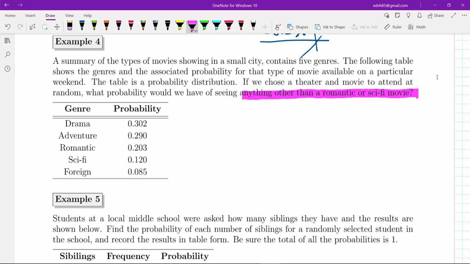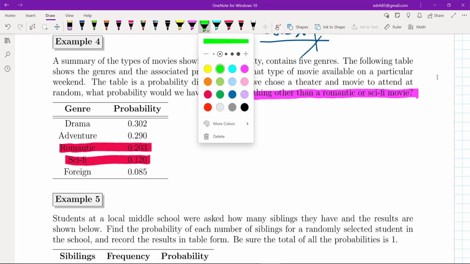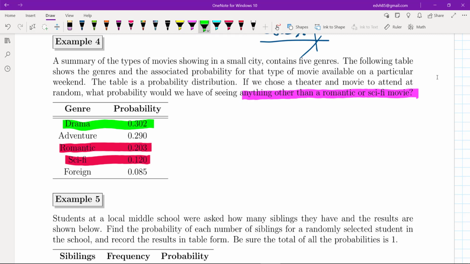Let's cross out romantic and science fiction. We don't want to watch that. So we want to watch any of the other ones: drama, adventure, or foreign.